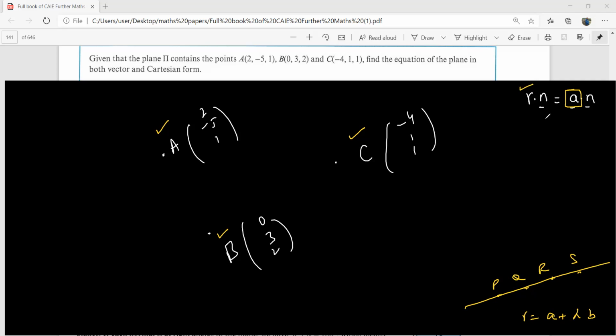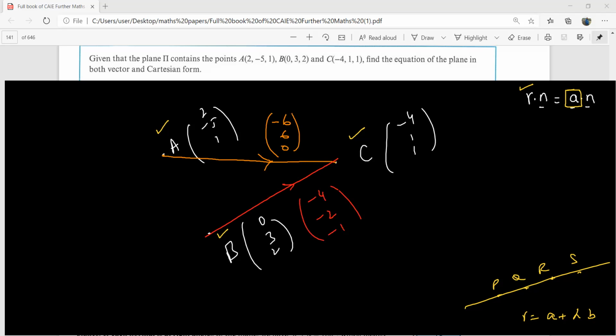You have already learned the cross product of two vectors. So you can have this direction AC: -4 minus 2 is -6, 1 plus 5 is 6, 1 minus 5 is 0. And this direction BC: -4, 1 minus 3 is -2, and 1 minus 2 is -1.